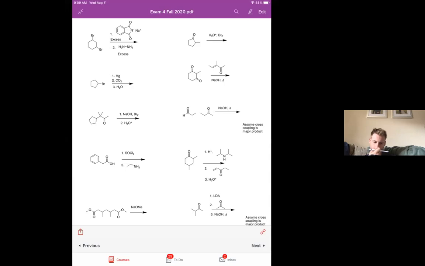Take a look at the next page. All right, so starting to get into some reactions here. Our first one is dealing with this phthalimide here. We've got excess, so we're going to be attacking both of these bromine centers.